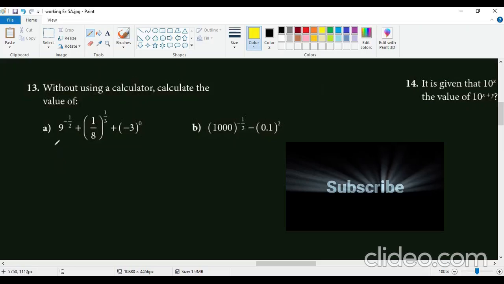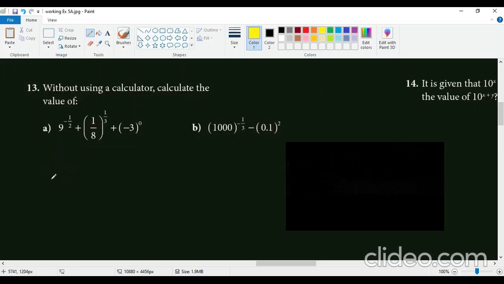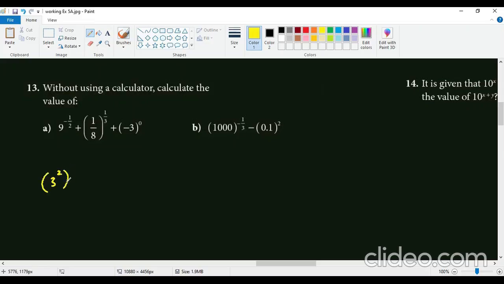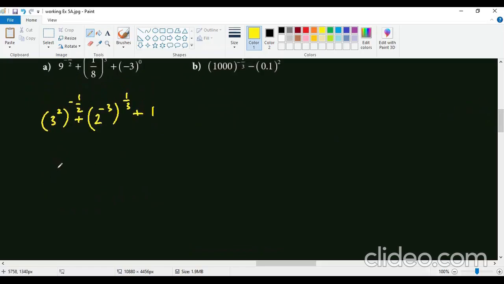Here it says 9 to the power minus 1 over 2. That means I can write this as 3 squared to the power minus 1 over 2. And I can write the other term as 2 to the power minus 3, because 1 over 8 I can write as 2 to the power minus 3, and it's a plus sign here, 1 over 3 plus 1, because anything to the power 0 is 1. Now for further simplification, 3 squared is multiplied by minus 1 over 2, so these two are going to be cancelled, and this is going to be 3 to the power minus 1.